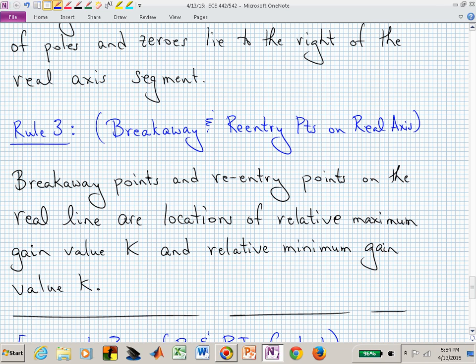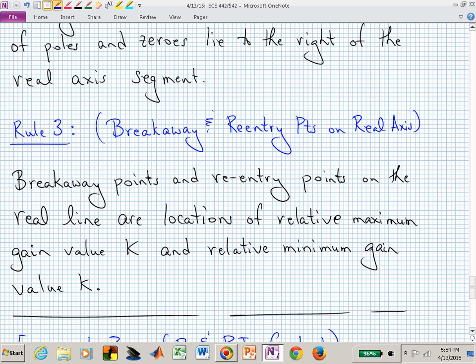Based on the systems that we've looked at so far, you would be wanting to say yes, but you could have started with complex poles, and they may re-enter the real line without ever breaking away from the real line. A breakaway and reentry do not have to be paired up. You don't have to have one and the other.